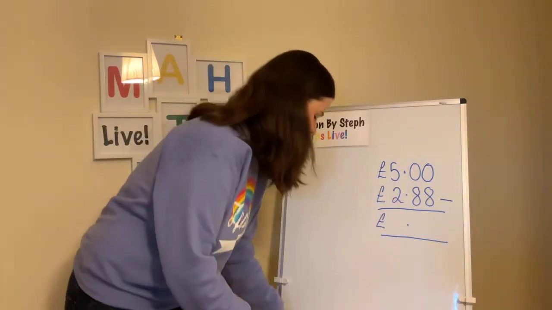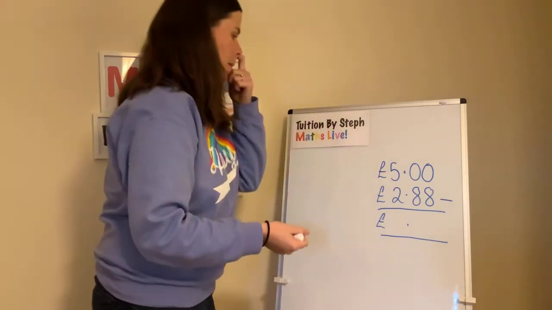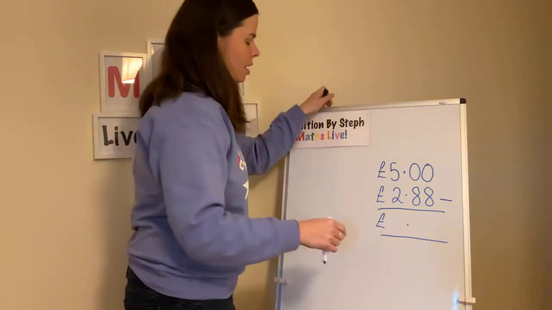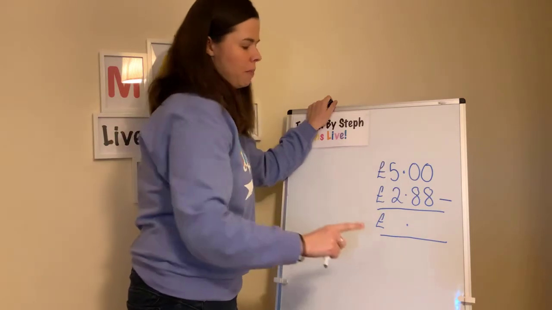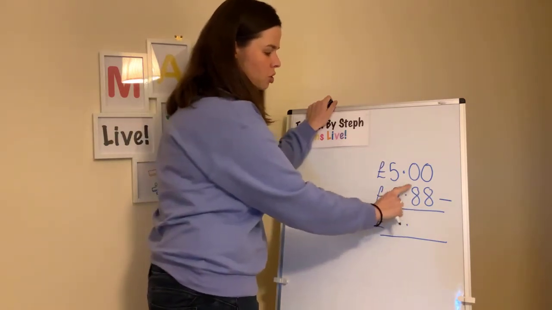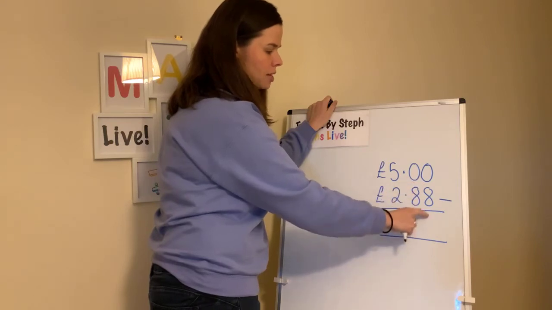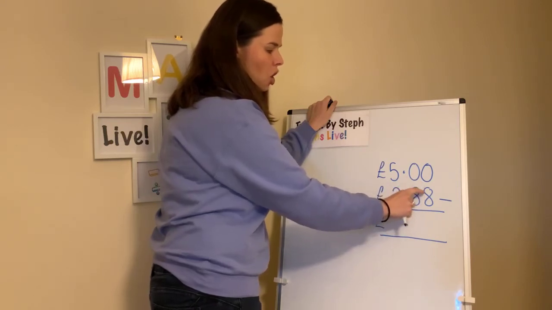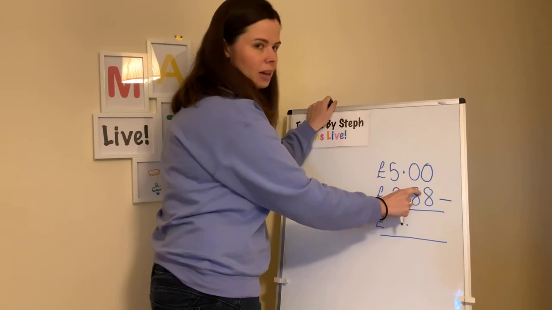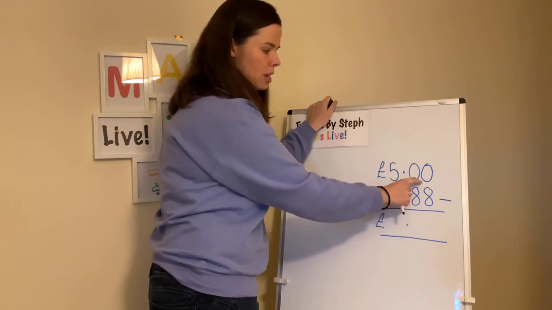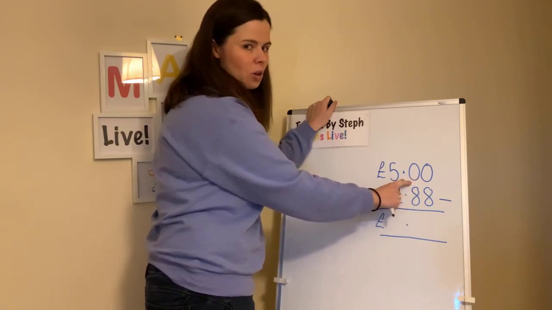Okay, so following on from yesterday. Now, this is quite a tricky one because we have to subtract the £2.88 from the £5. But as you can see here, you can't do 0 take away 8. Okay, so the 0 needs help. But the 0 next to it is going to struggle to help too.